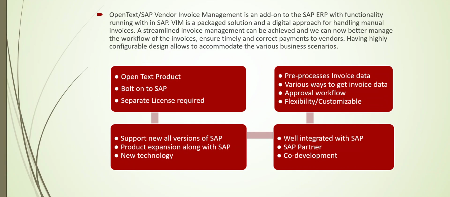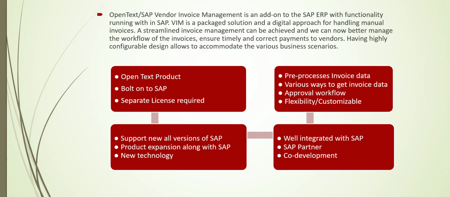For example, when there was a legal requirement in 2019 for Italy for e-invoicing, SAP came up with a solution called e-document cockpit, or nowadays it is called document compliance, or the compliance solution, right? When they brought in this solution, OpenText did a co-development where your vendor invoice documents are integrated with the e-document cockpit solution.